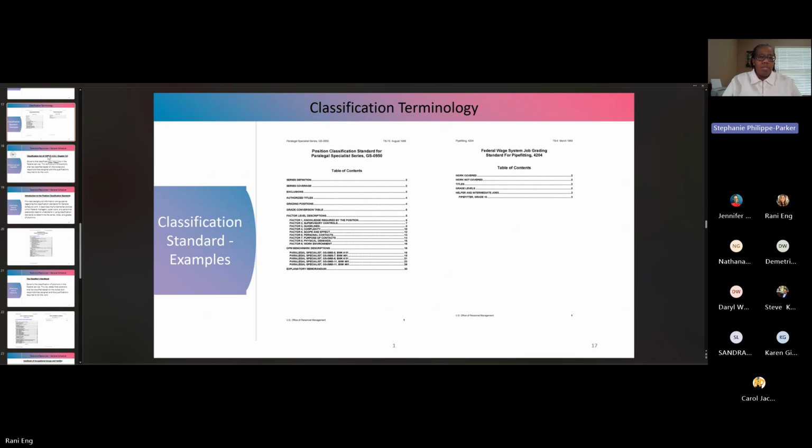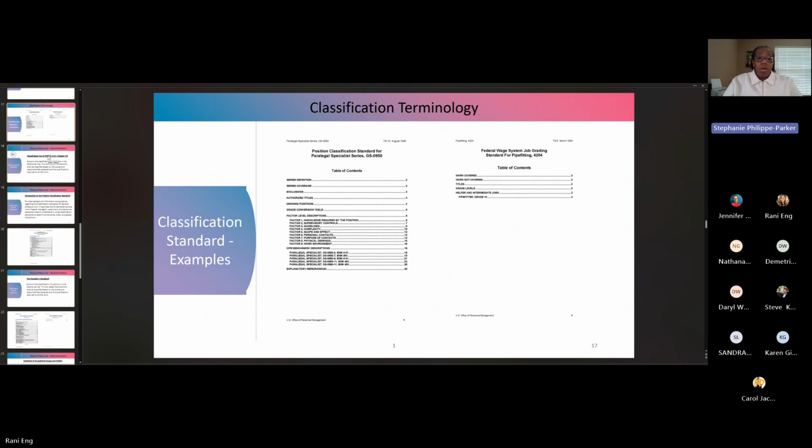Most standards will follow the same format for their table of contents, where it just provides a series definition, exclusions, guidelines about the appropriate titling, a grade conversion table, and then the factor level descriptions. For this particular example, the standard also provides what they call OPM benchmark descriptions, which are essentially samples of what positions might look like at certain grades.